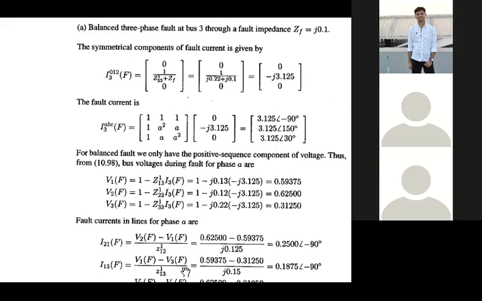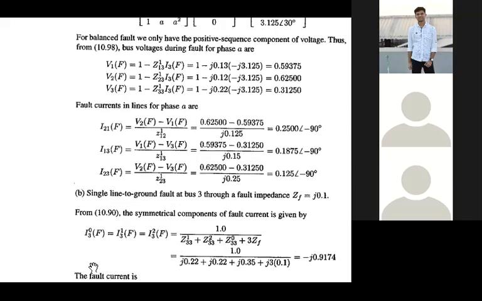It might be ground, it might not be ground. Single line to ground fault is only one line to ground fault. So we can find that, and ZF is already given, so we can find this information, right? So I30, I31, and I32, these all are same.